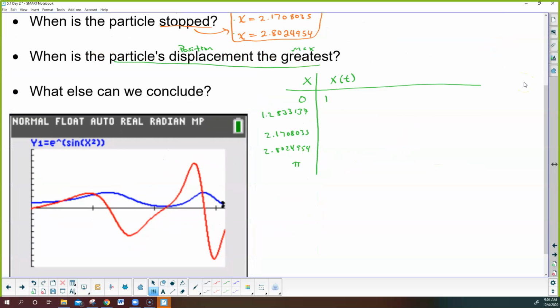Okay, so how would I basically finish this work? I would record all those outputs of the original function.